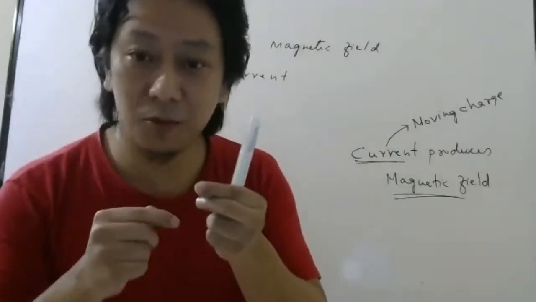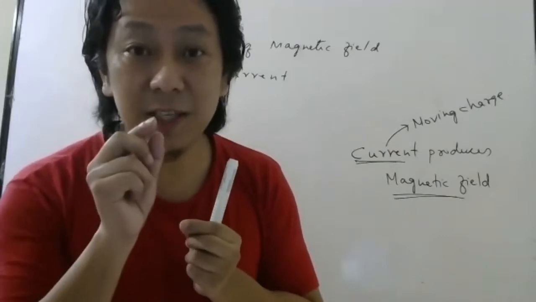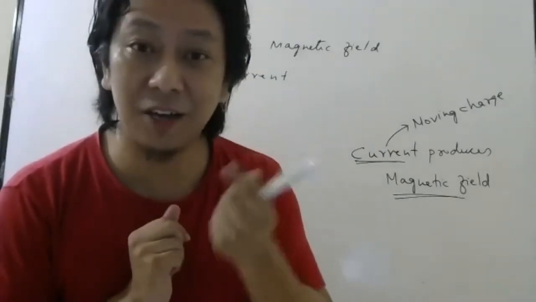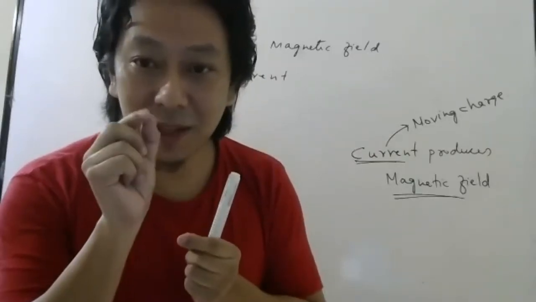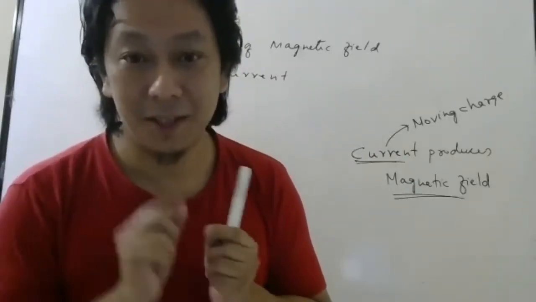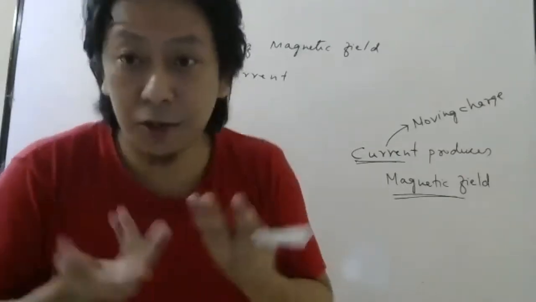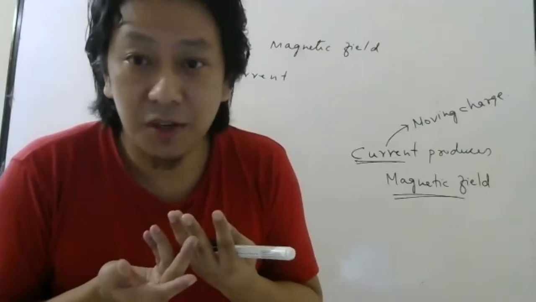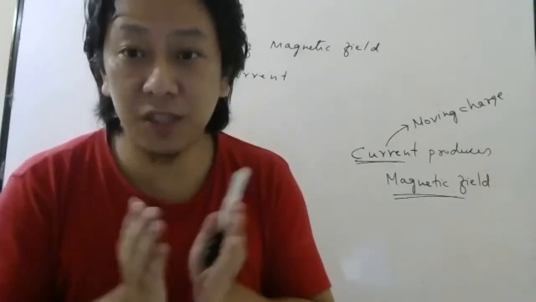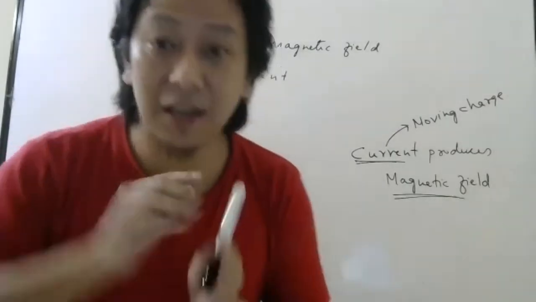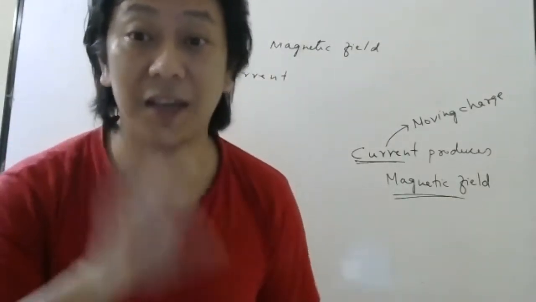One is orbital motion and the other is something called spin. So because of the spin of these electrons, which have charge, yes or no? Electrons have charge. So when they are moving, they also produce current. And it is that current which is actually producing magnetic field for the magnets.